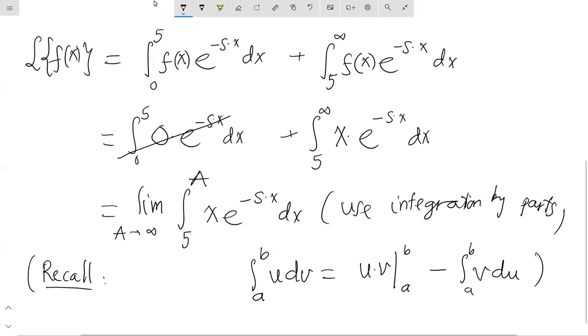For this problem, we're going to use u as x and dv as the exponential e to the minus s times x dx. I'm not going to go into the details. Instead, I'm just going to write down the integral.